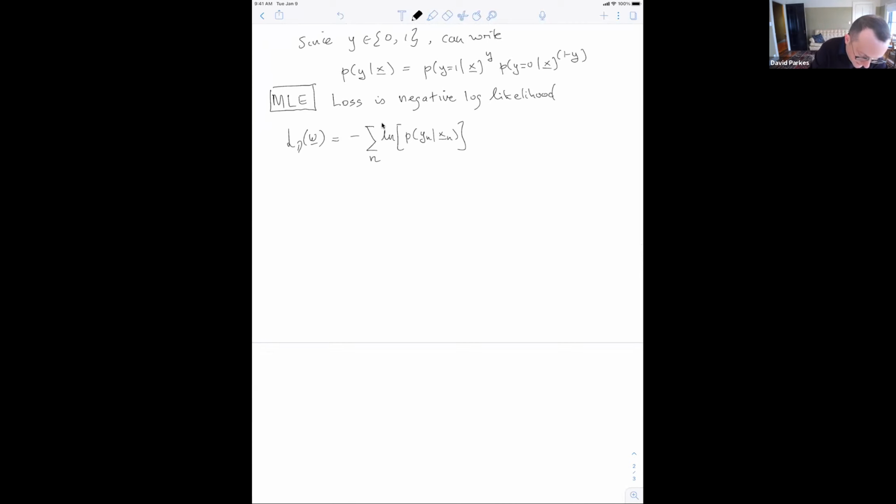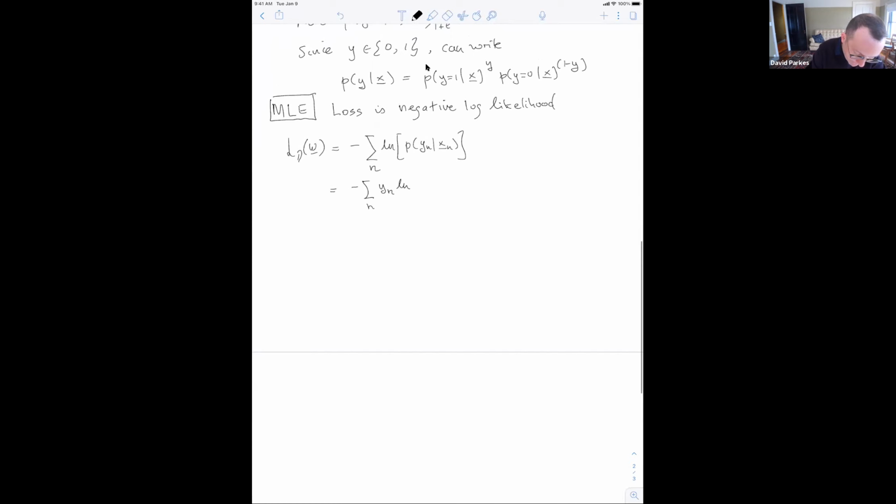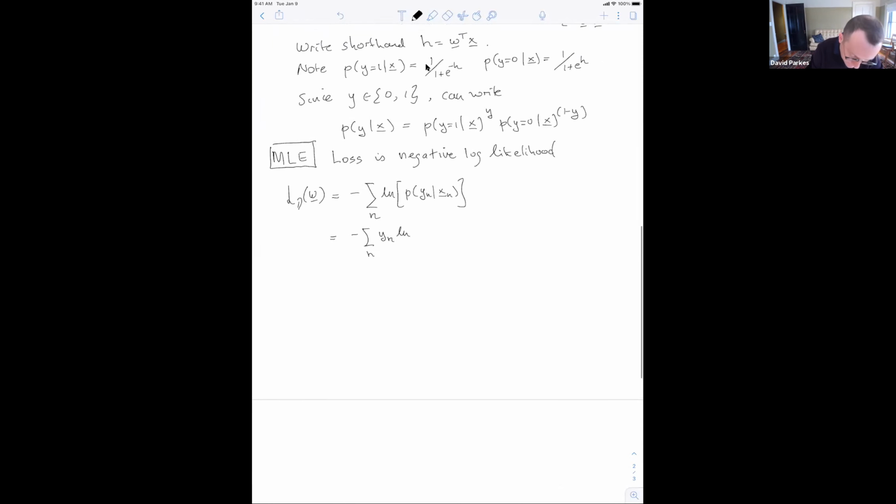And I can now write this out just by substituting in this expression. And when I take the log of this expression, this product will factor out into sums, and these exponents will come down in front of my log terms. So I'm going to get this. And I'm also going to substitute my sigma expression for my probabilities.